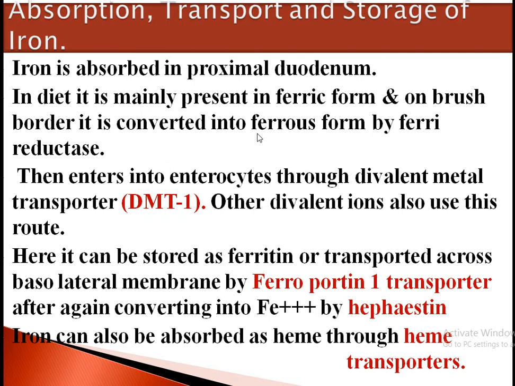It can be stored as ferritin or transported across basolateral membrane by ferroportin 1 transporter. Basolateral membrane is the specific membrane which is the outer intestinal membrane. So the inner intestinal membrane is the brush border and the outer is basolateral membrane.